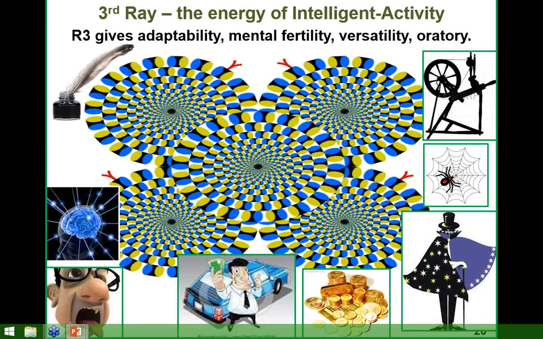The third ray is really the ray of matter. If we think that the first ray is the energy of spirit, the second ray is the energy of the soul, the third ray is the energy of body, and it rules matter. And where the third ray is seen out there in nature is that everything in nature knows what it needs to do to reproduce and to survive.